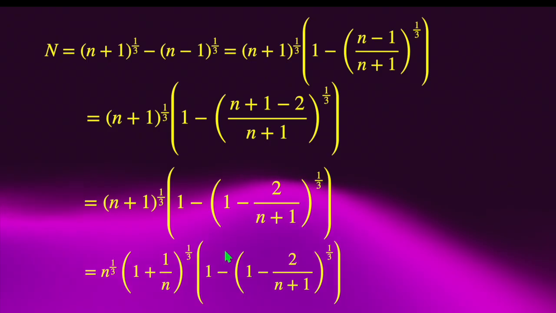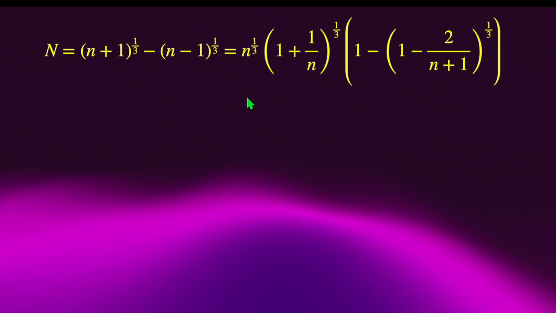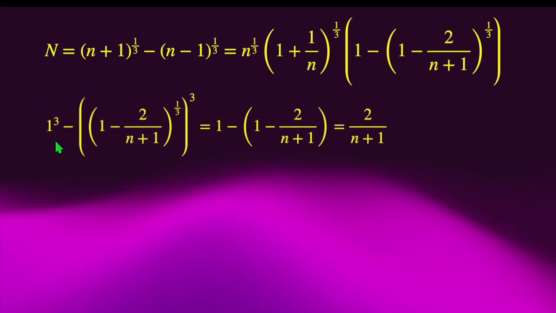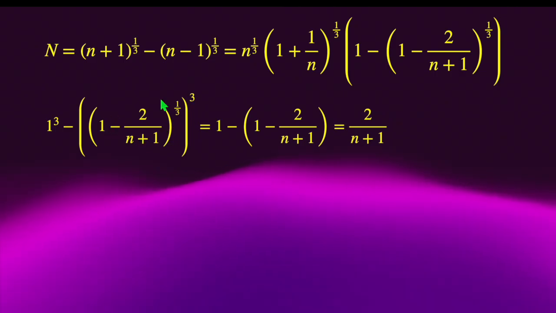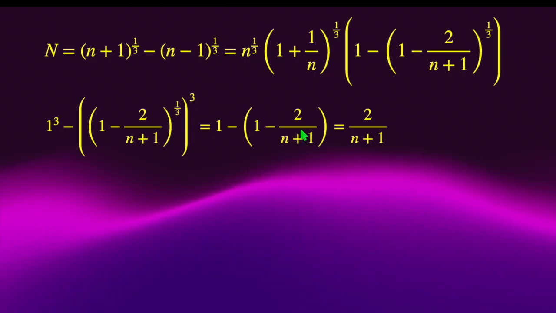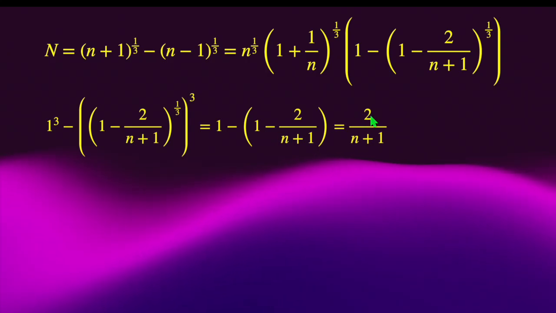Now we will tackle this quantity. So we have this expression of the numerator. Now we remark 1^3 minus this quantity cubed. If you take this quantity cubed, you get this equality, which simplifies to 2 over n plus 1.